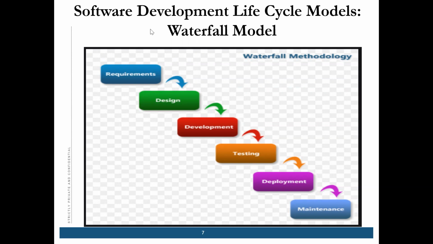First we have to gather all the requirements, then design it, and after the designing is complete, we go for development and testing. No overlapping happens. One completes and then goes to another.